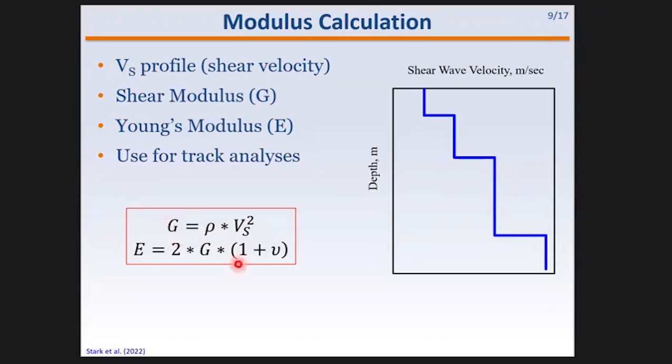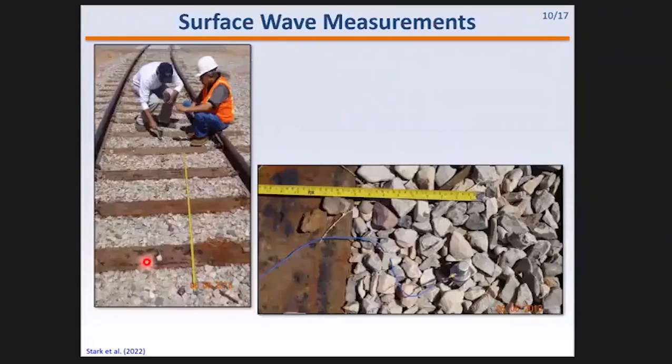And then we just use Poisson's ratio right here, and I'll give you some typical values for fouled sites and clean sites in just a minute for Poisson's ratio. We multiply G by this little expression and we get our Young's modulus. And that's what you saw on the first cross section of the track with different E or Young's modulus values. So that's what we're after, this E or Young's modulus value through the shear wave velocity.